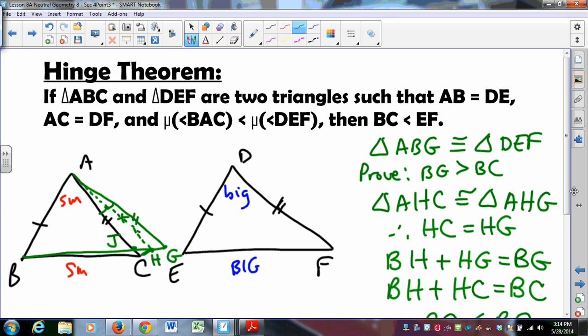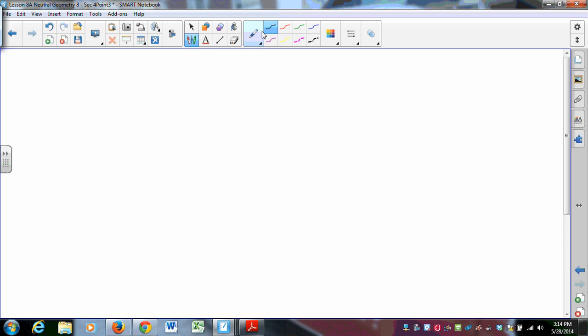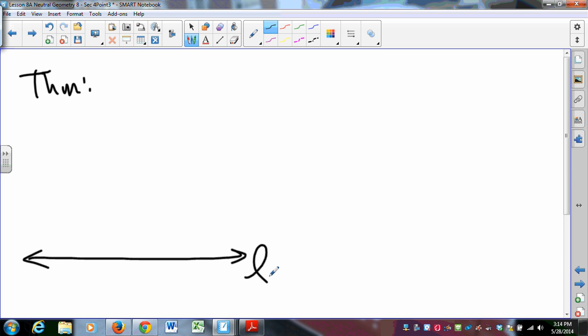There are some very interesting consequences of these that I will outline for you if I can. So let's pretend. Give you a line L, point P not on the line, and we're going to let F be the foot of the perpendicular.